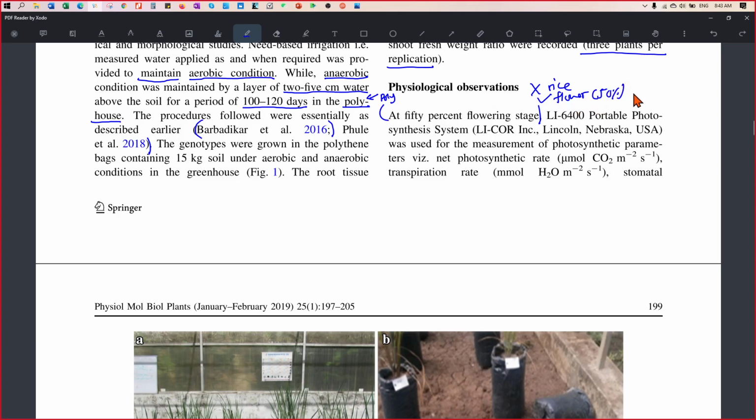This is important because this is the indication that they did physiological measurements at the early reproductive phase of rice.